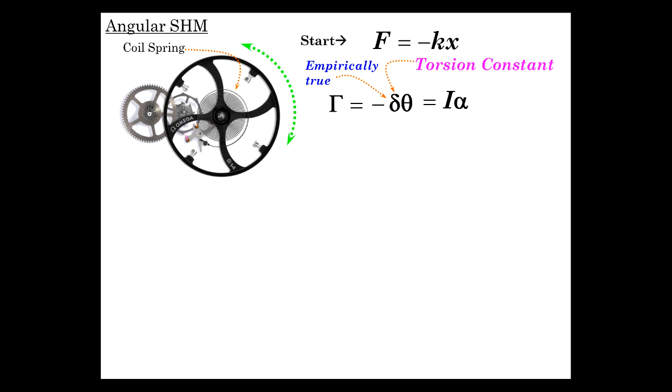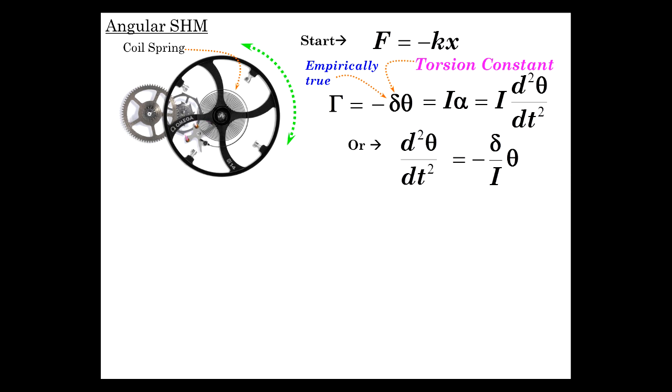Now, torque is I alpha, and that means it's I times the second derivative of the position. Now, let's go ahead and solve this differential equation, rearranging it a little bit. d squared theta dt squared is minus delta over I theta.